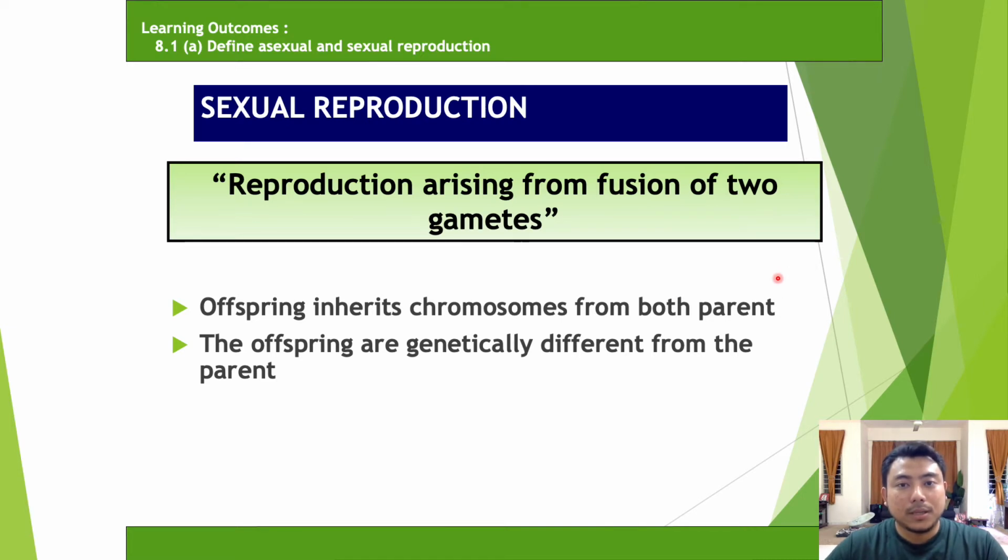For example, as humans, we have 46 chromosomes. 23 chromosomes come from our mother, the other 23 chromosomes come from our father. The offspring are genetically different from the parents. Means anak dia tu dia genetically berbeza daripada parent dia. Macam kita lah, kita tidak exactly sama macam parent kita.